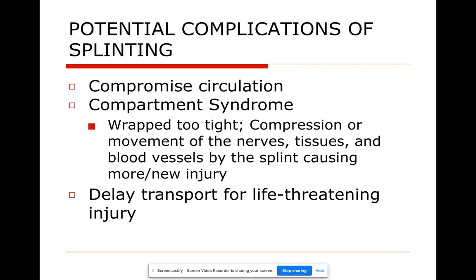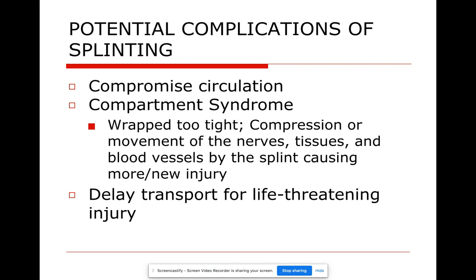Yeah, so if you put it too tight, it could compromise the blood vessels and the nerves, causing them to go numb or lose sensation. So if that's the case, that's fine. It's okay. Just loosen it up a little bit. But at least you know. But you won't know that unless you check PMS before and after you put on the splint.